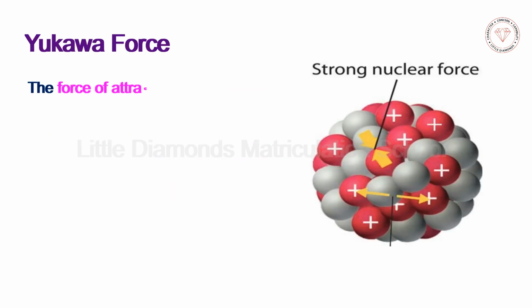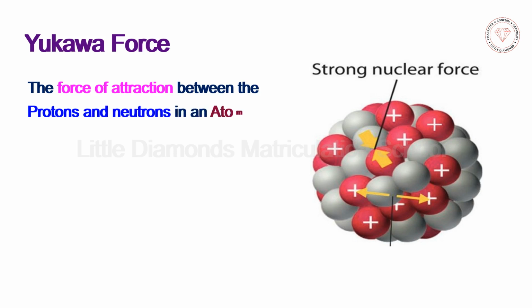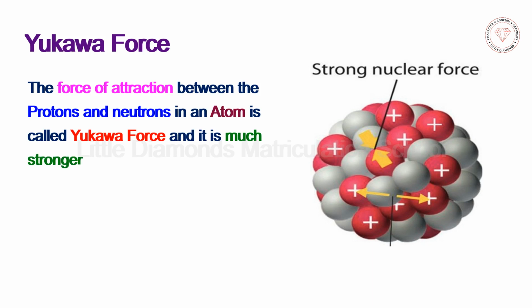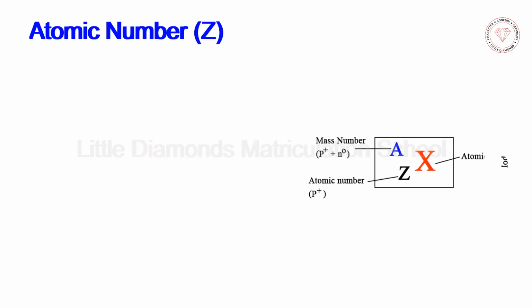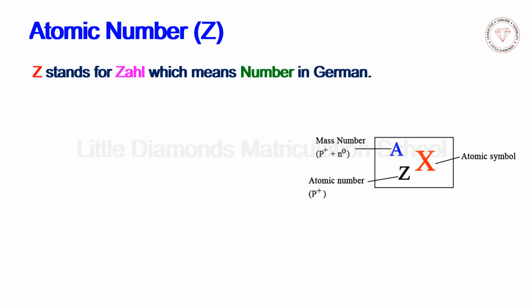The force of attraction between the protons and neutrons in an atom is called Yukawa force, and it is much stronger than the force of gravity. Now that we know the properties of the protons, electrons, and neutrons, let us now know what is atomic number. Atomic number Z. Z stands for Zahl, which means number in German.